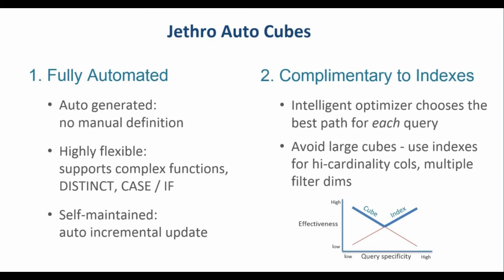Indexes, on the other hand, shine when you need to filter on high cardinality columns or when you have multiple dimensions in the filter. So the combination of cubes and indexes is a winning formula that enables interactive response times for all scenarios.